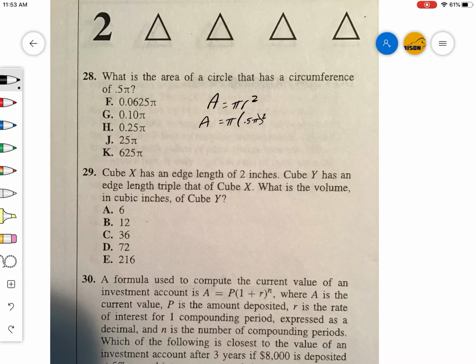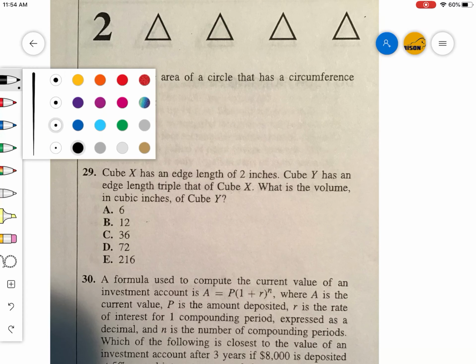Top one gives me 0.19. That ain't it. Then I got 0.1 pi, 0.314. That ain't it. So I got 0.25 pi. That's 0.78. Still not it, because remember I'm looking for 7.75. 25 pi, that's 78.53.